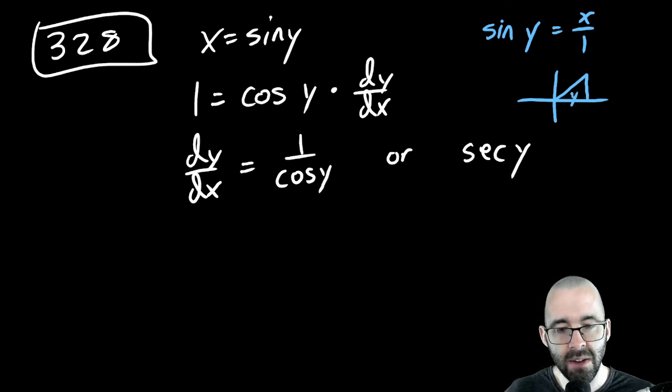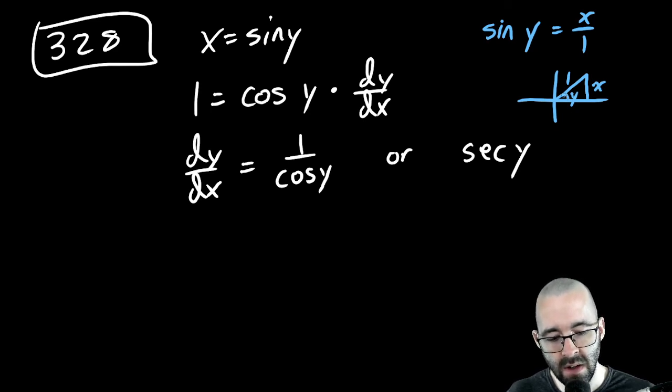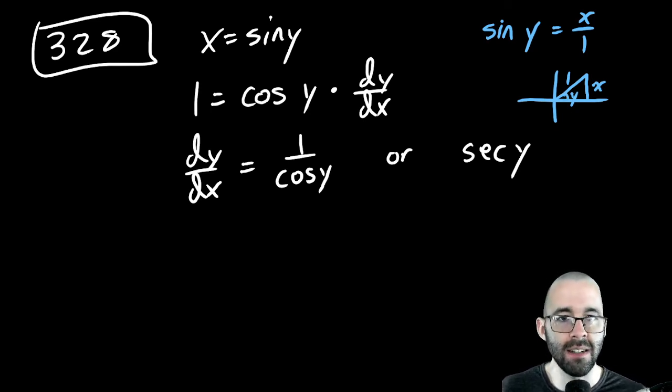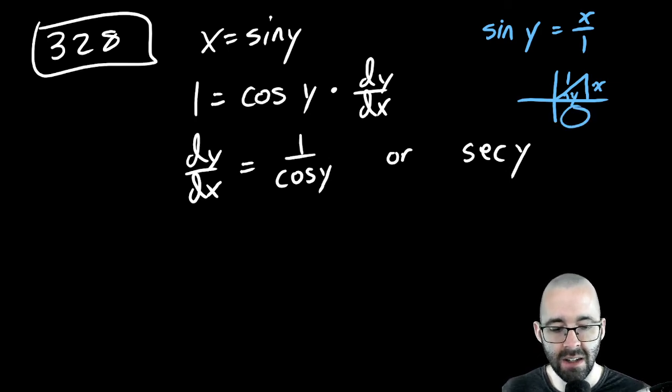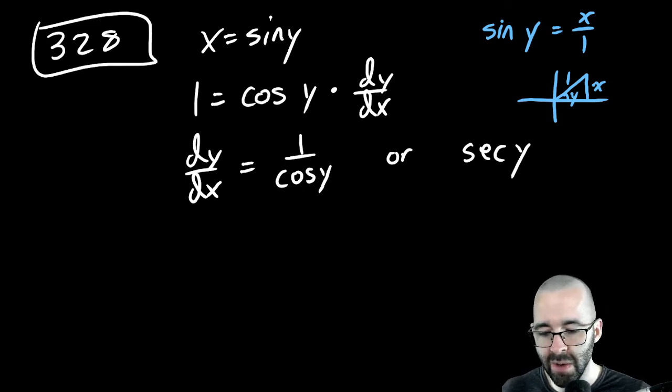If y is some angle in radians, the sine of y is opposite over hypotenuse. To find the cosine of that y, we need to know what goes here. Before, we knew that to be positive, but here we don't know whether it's positive or negative. We're going to have to choose.